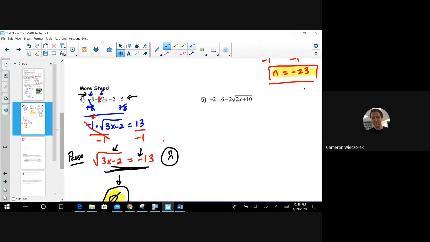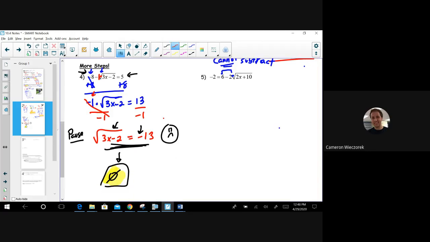Okay. Last one on this page says -2 equals 6 minus 2 times, I'm going to put the dot so you can see it, the square root of 2x plus 10. Just like in the last one I did, it's very tempting to want to subtract 6 and 2, but you cannot subtract because otherwise you are breaking the order of operations. Don't break PEMDAS.